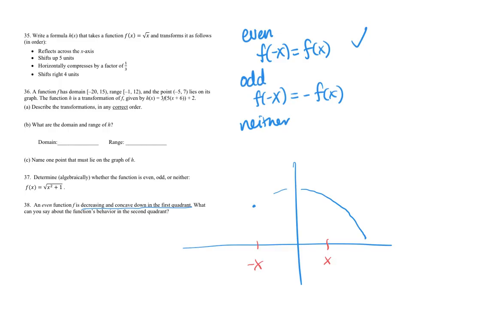So it should match up for every x value here. It's going to have reflection symmetry around the y-axis. So in the second quadrant, it's going to be concave down, and it will be increasing. Okay. If I just draw it out, you can kind of see what the picture looks like.